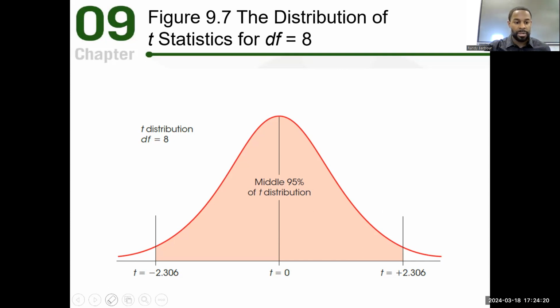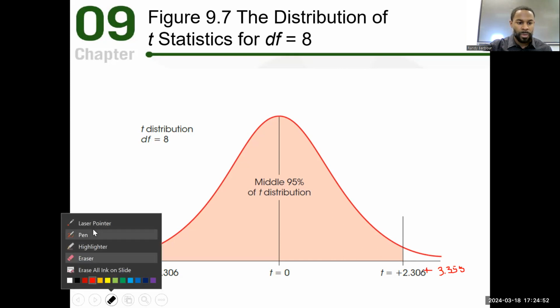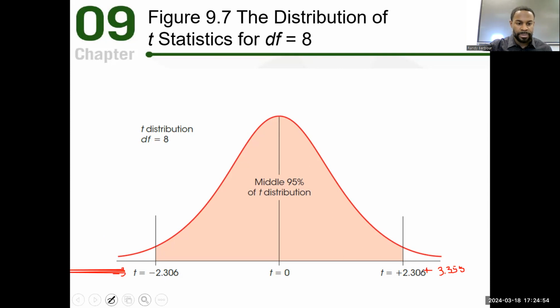Let me go here. This will be plus 3.355, and that will be minus 3.355. Darn, it doesn't look like it's going to work for me.